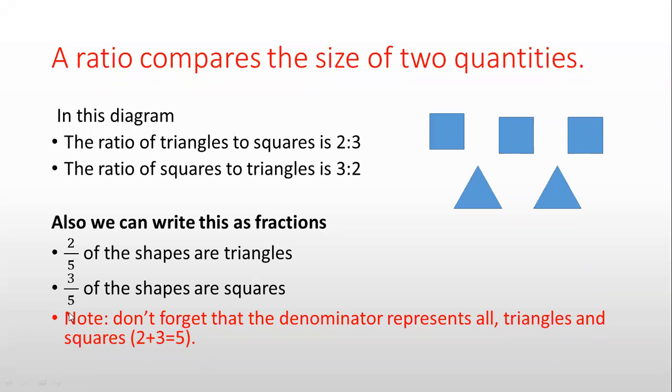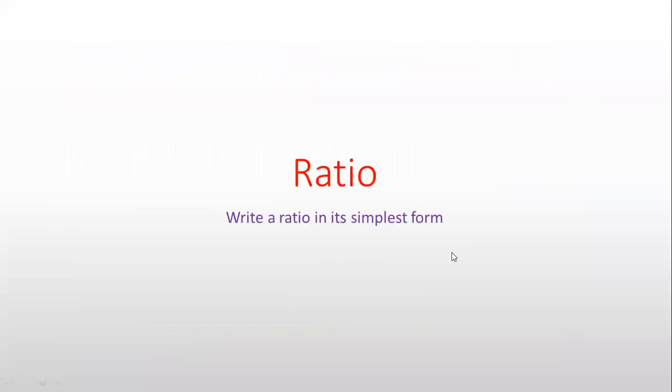Do not forget that the denominator represents all triangles and squares: 2 plus 3 equals 5. The denominator, down here, represents the total number of shapes, squares and triangles.